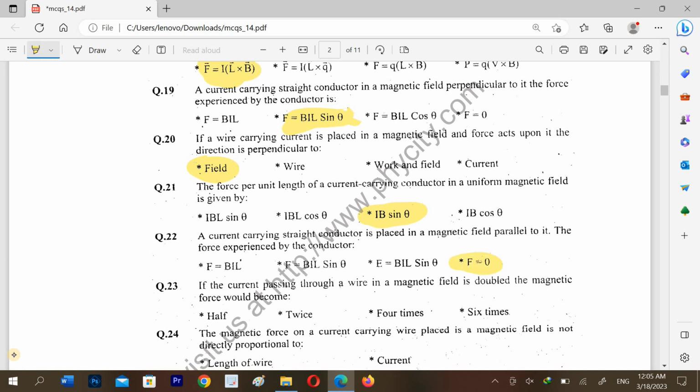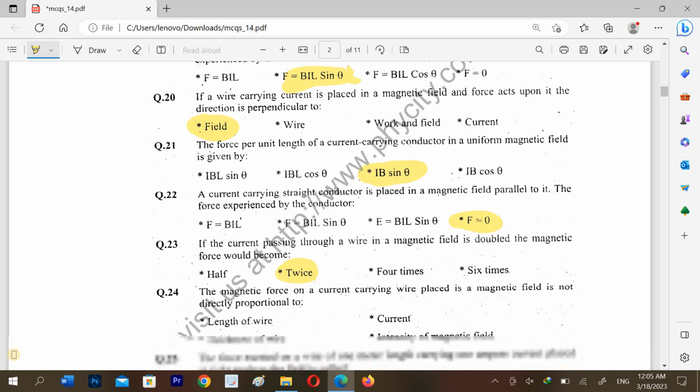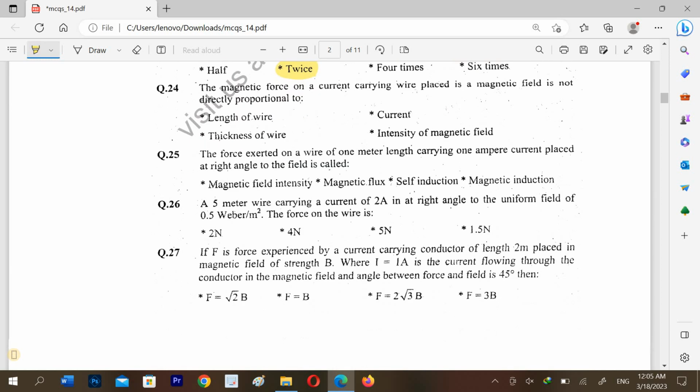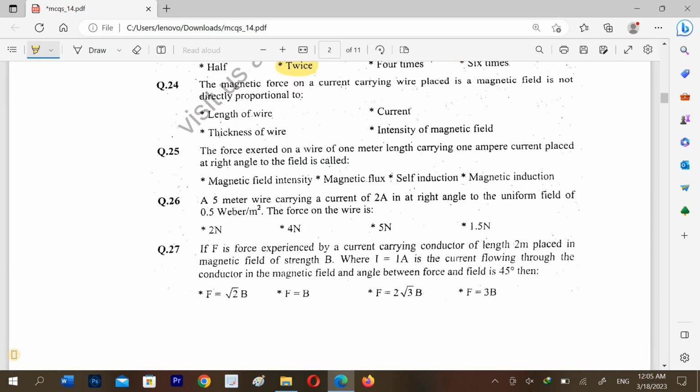If the current passing through a wire in a magnetic field is doubled, the magnetic force would become twice. The magnetic force on a current carrying wire placed in a magnetic field is not directly proportional to the thickness of wire.